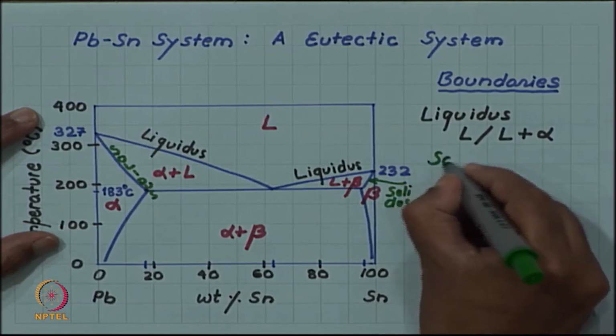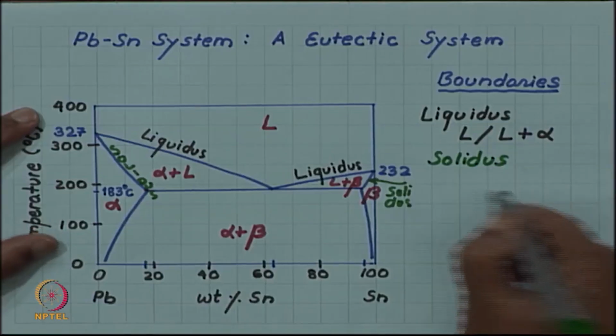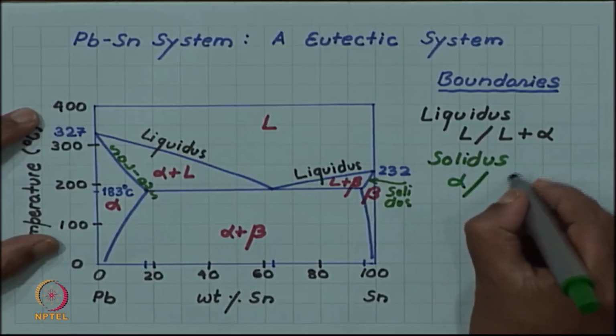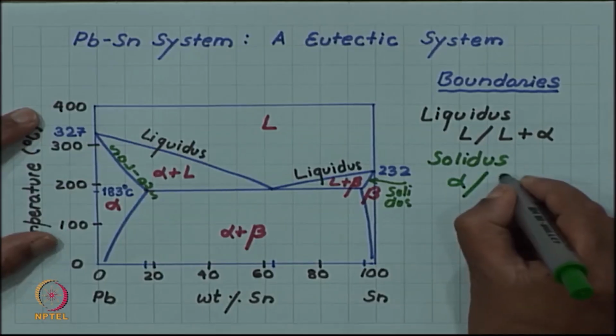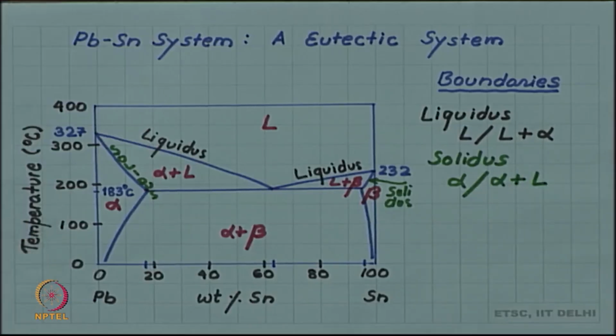So, solidus is a boundary between a single phase solid and a solid plus liquid phase. So, we had seen liquidus and solidus in the isomorphous system, the copper nickel system.